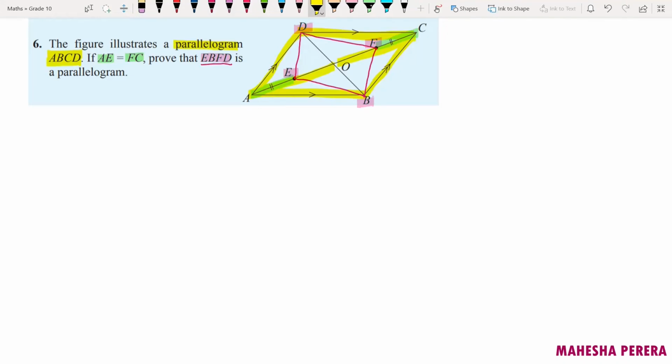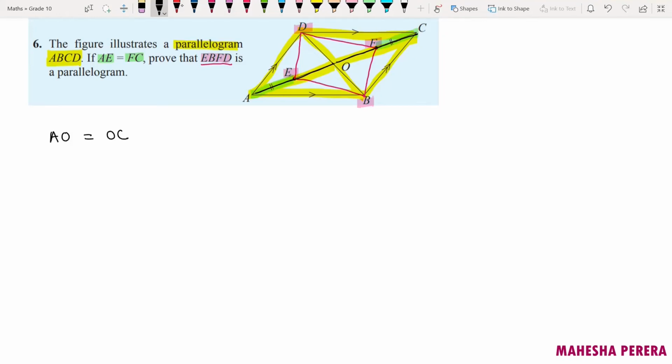So what are the diagonals of this parallelogram? This line and this line. And they bisect each other. So in that case, this length should be equal to this length. So let's write it. AO equals OC, right?